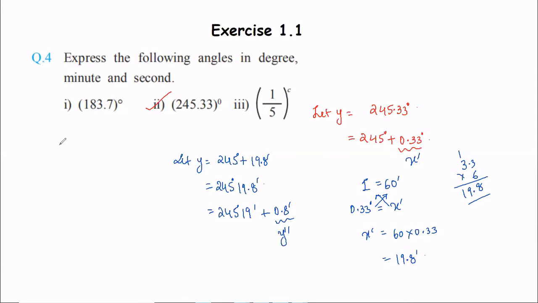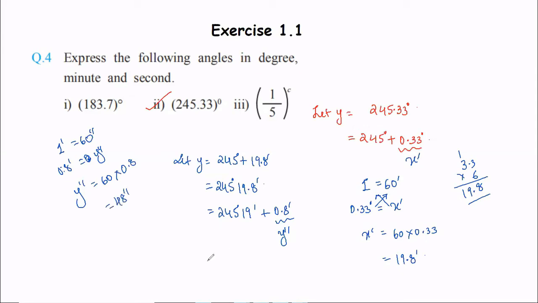As we know, 1 minute is equal to 60 seconds, and over here we have 0.8 minutes. Cross multiply again. So y seconds will be 60 into 0.8. That will give you 48 seconds.